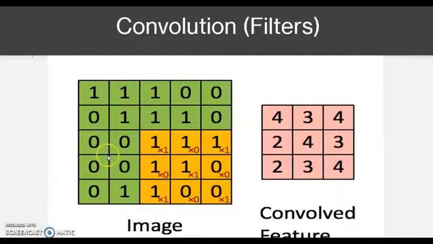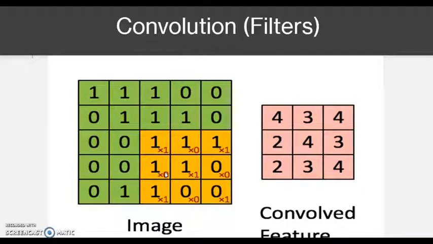In each position the filter multiplies the values in the filter with the original values in the pixels. For example, here the values 101 010 101 are going to be multiplied by the original values in the picture where the kernel or the filter is applied. In this case, 1 multiplied by 1, 1 multiplied by 0, and so on.